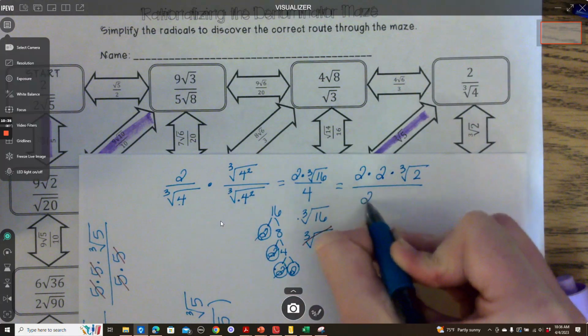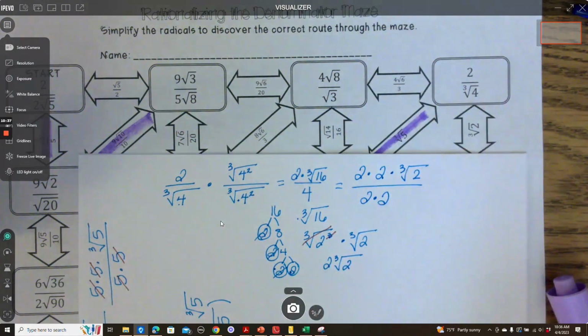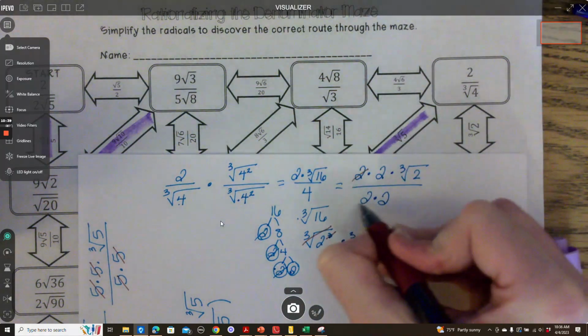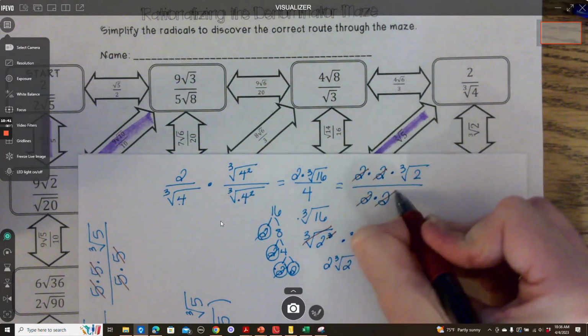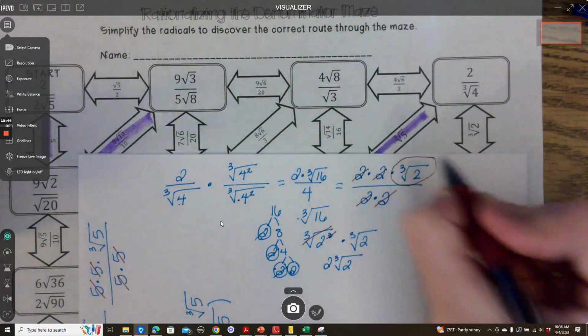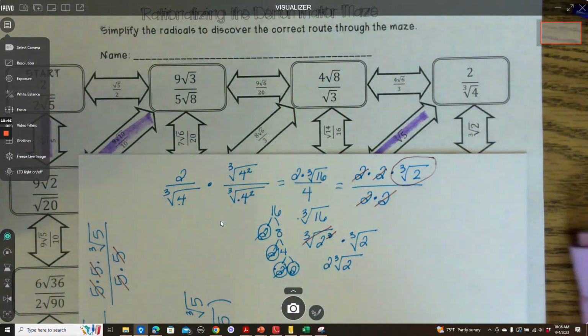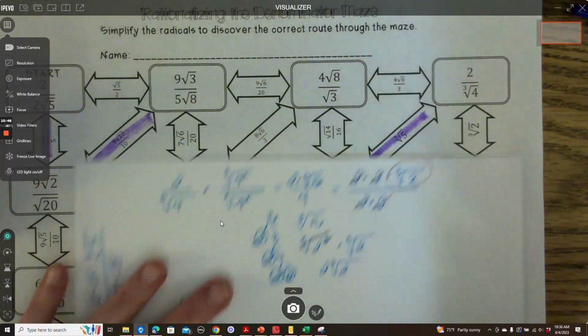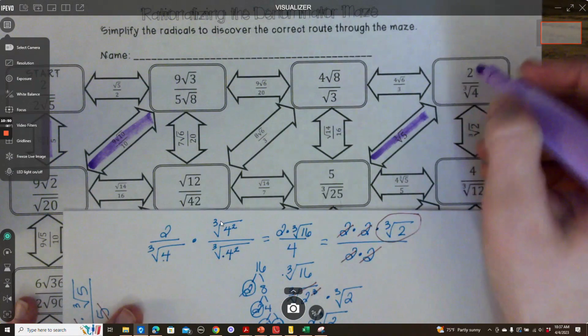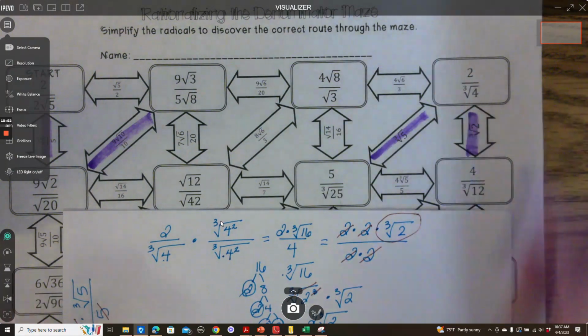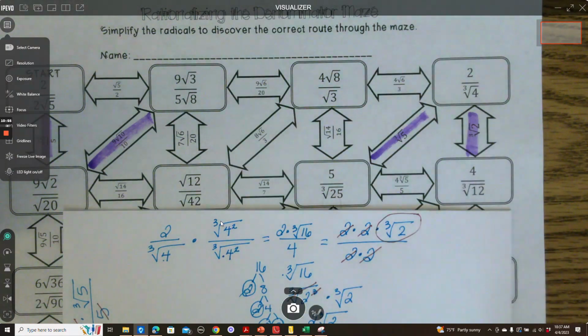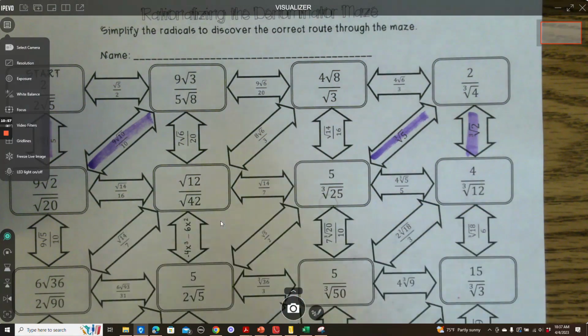And then 4 is 2 times 2. So this cancels this. This cancels this. And that's all I'm left with. It's not that hard. It's a lot of steps.